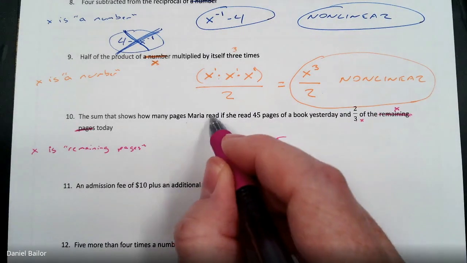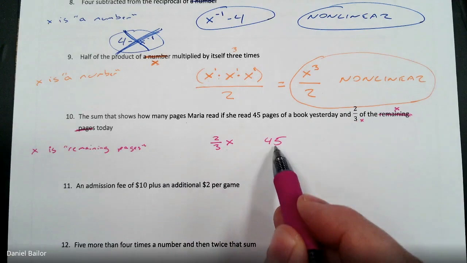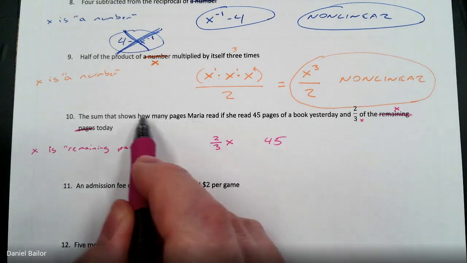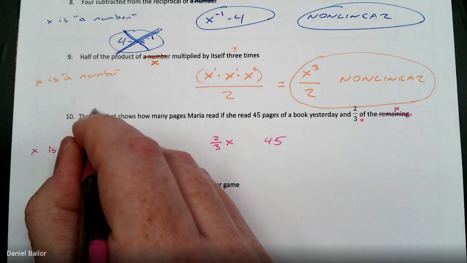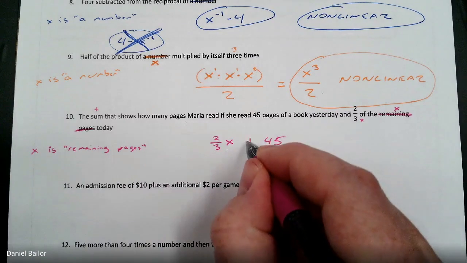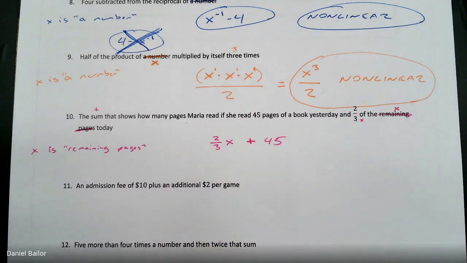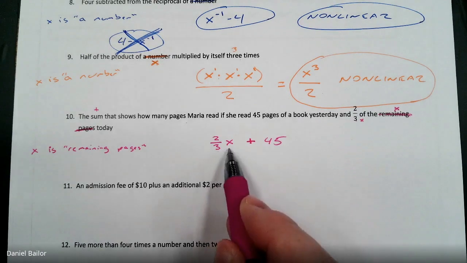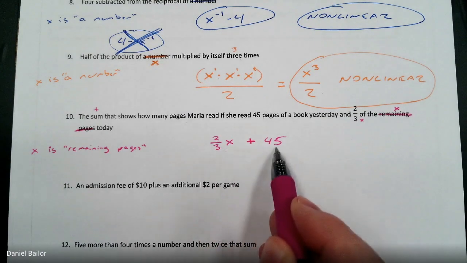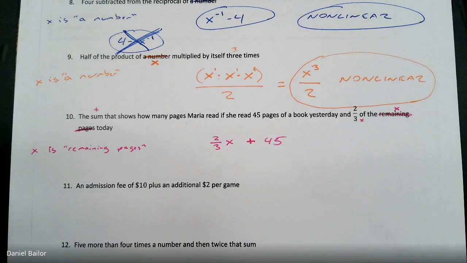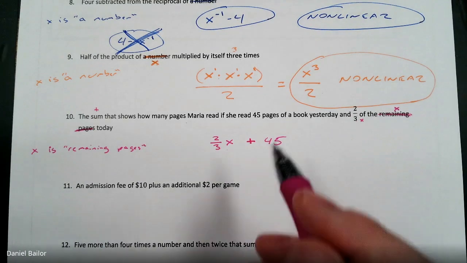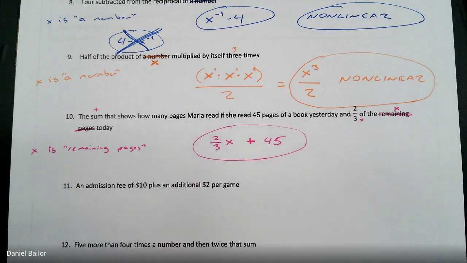And then what does it want me to do with the 2/3 X and the 45 constant? Well, it says it wants me to do the sum. So I need to add right there. 2/3 of the remaining pages plus 45 pages tells you how many pages she's read. That's the expression.